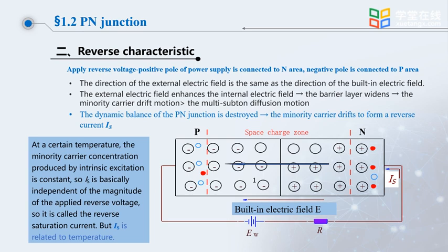As the applied reverse voltage increases, this current will basically not increase because the carrier concentration is very low. So at this time, we think that this weak current is not enough to make the PN junction conductive. That is, it is off. So its reverse characteristic is like this. When a reverse voltage is applied to the PN junction, it is off.